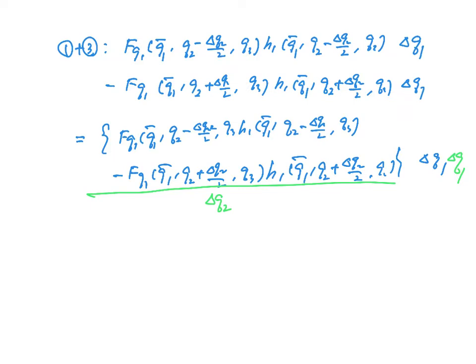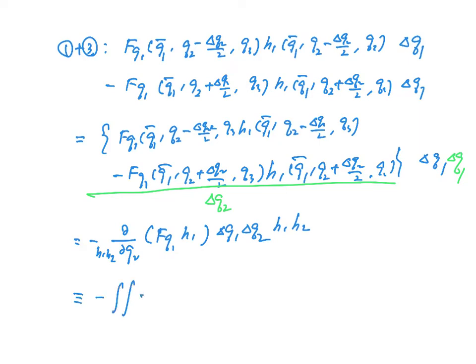So it becomes minus partial Q2 partial FQ1 H1 delta Q1 delta Q2. If we multiply by H1 H2 and divide by H1 H2, what you can do is actually you can transform back into something like this.